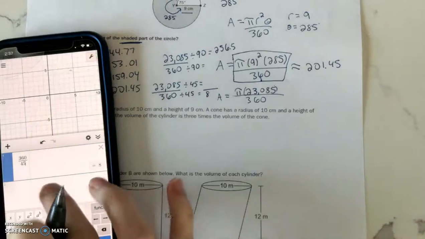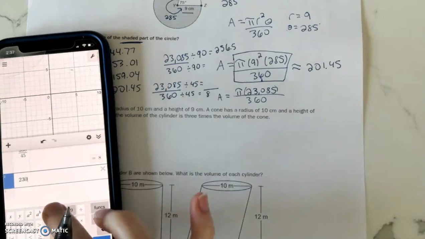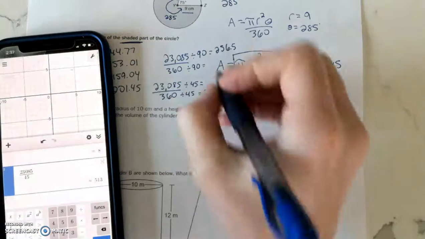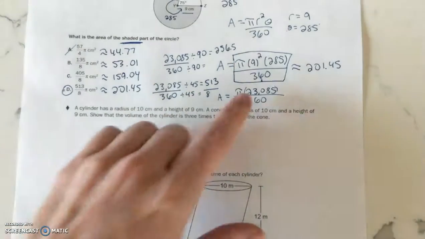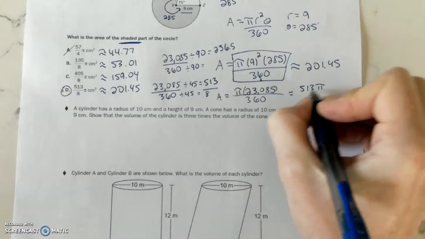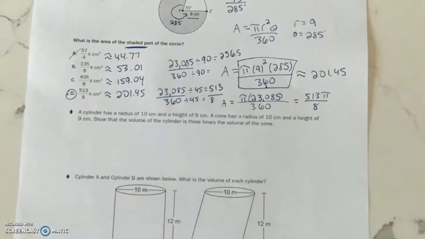Now on the top, we'll do 23,085 divided by 45 gives us 513. So our fraction actually reduces to 513 pi over 8, which is answer choice D.